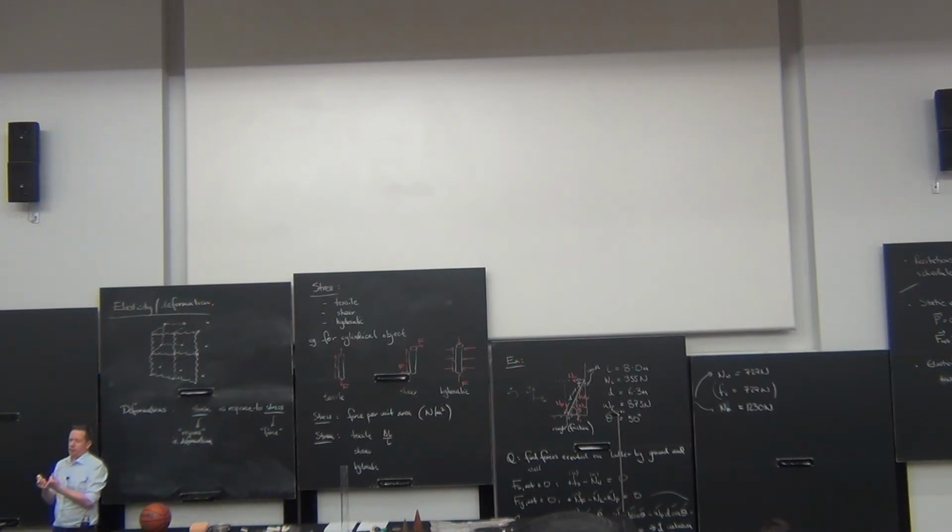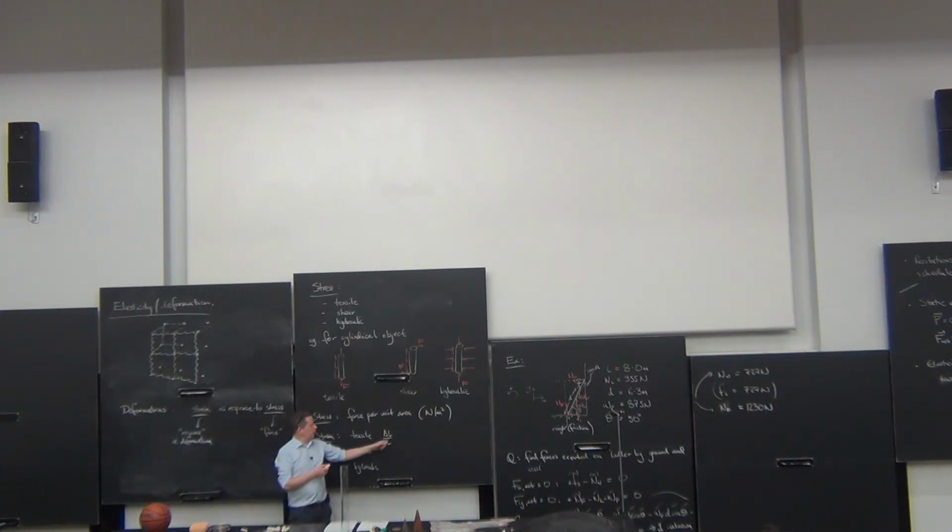So it's the change in size along the direction that these forces are being exerted. And again, in this case it's stretching, but it could also be compressing. It would still count as a tensile stress in this case. We're looking at the change in dimension along that force axis. So that's what defines a tensile strain.